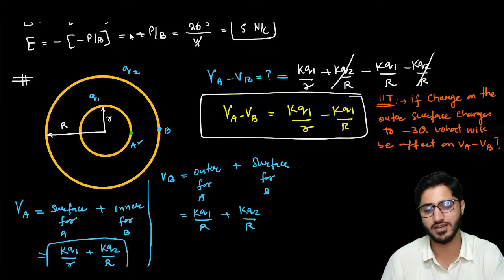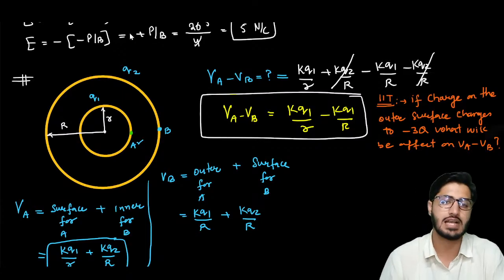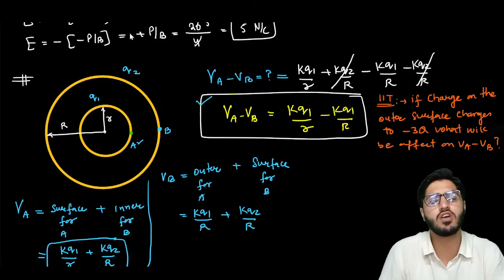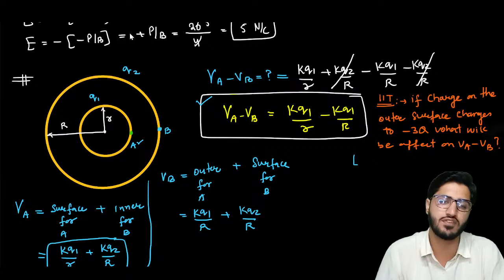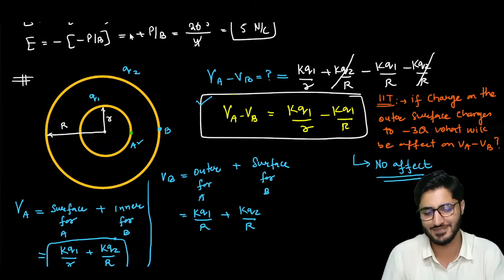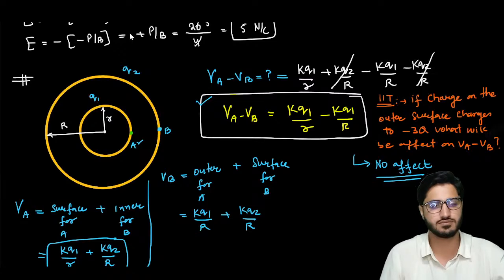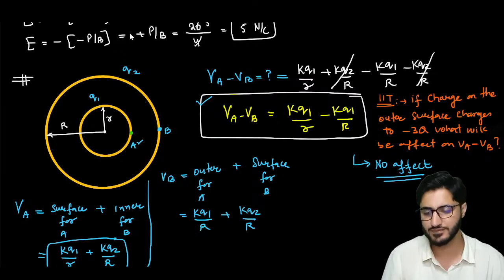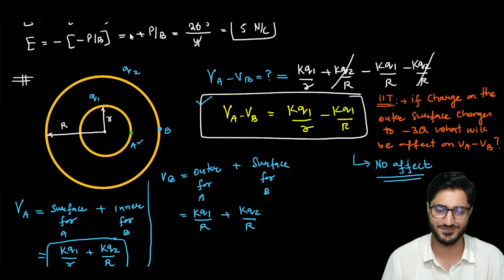The equation gives the idea that there is no dependency on Q2. If there is no dependency on Q2, you will write no effect. Easy now?